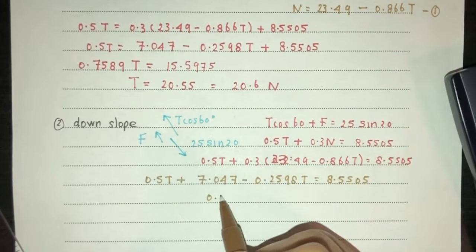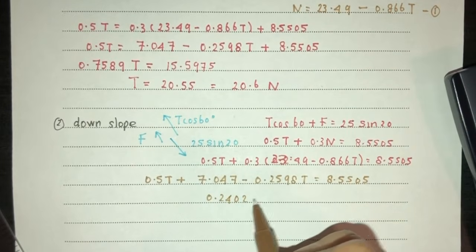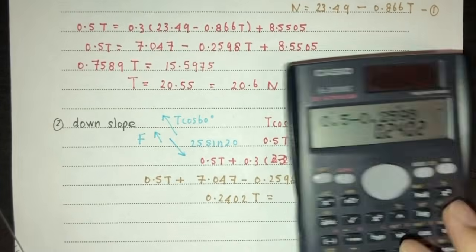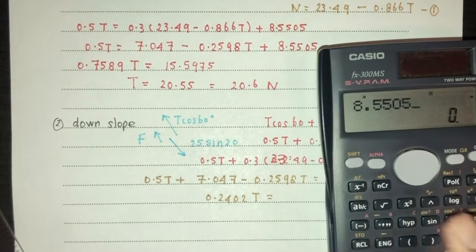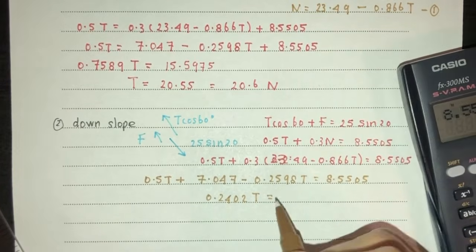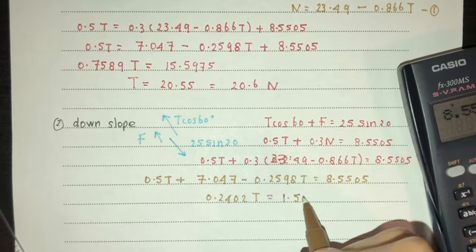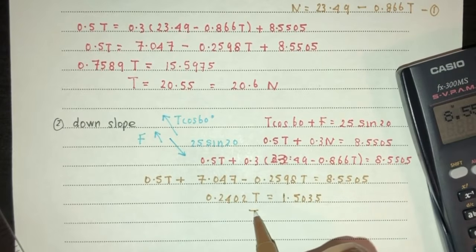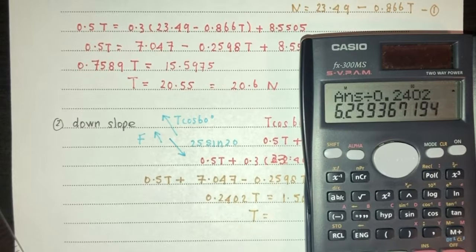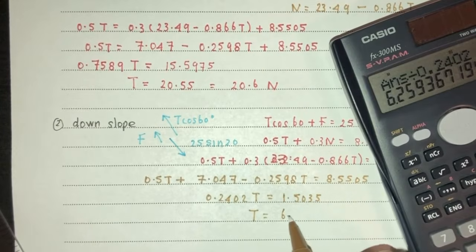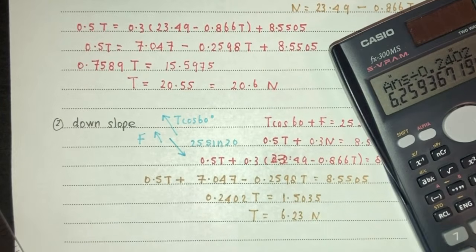That will be 0.2402T is equal to 8.5505 minus 7.047. That will be 1.5035. Finally, this divided by 0.2402, that will be 6.23 Newton.